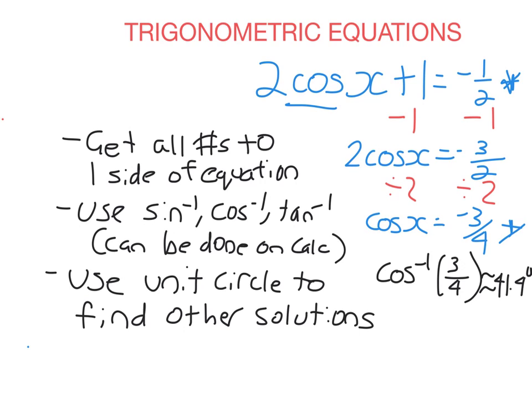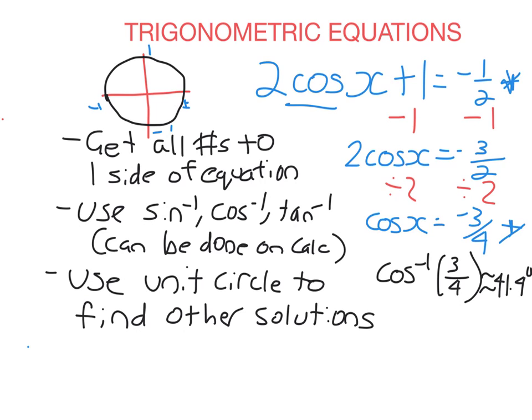That's not actually the solution for x to this equation, but it allows us to find the other solution. The way we're going to do that is by drawing up the unit circle. Remember, the unit circle is a circle in the Cartesian plane, and it has a radius of 1. This is what we went through last lesson. If you never watched that video, perhaps you'd like to go and watch it.